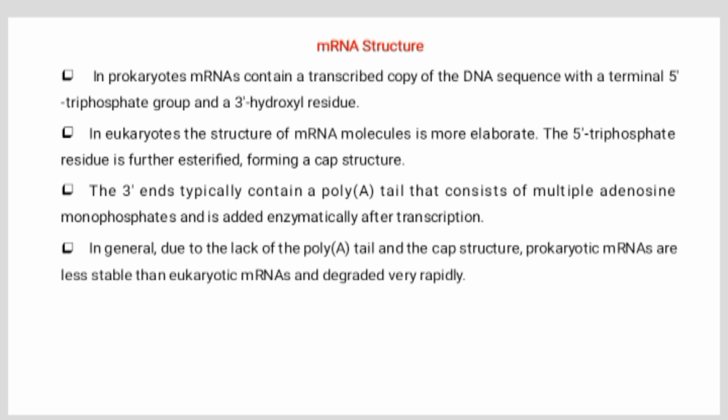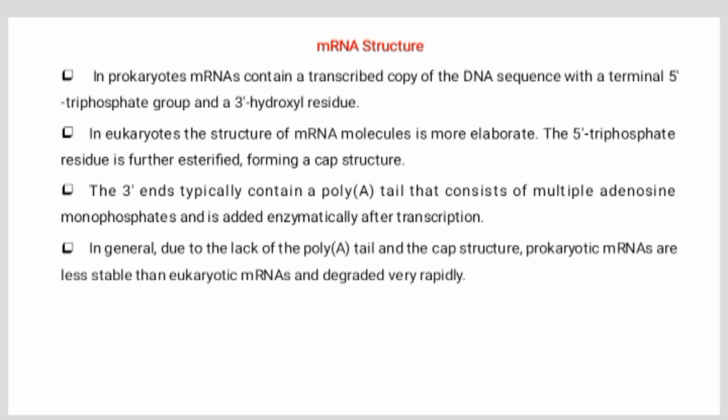In prokaryotes, mRNA contains a transcript copy of the DNA sequence with a terminal 5' triphosphate group and 3' hydroxyl residue. In eukaryotes, the structure of the mRNA molecule is more elaborate. The 5' triphosphate residue is further esterified, forming a cap structure.